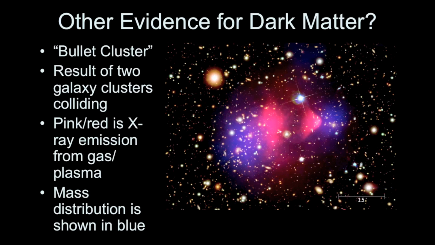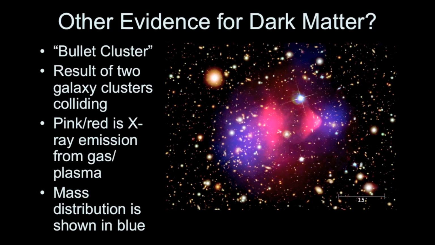And the gas that was inside of the galaxy clusters collided and was compressed and slowed down. And that gas is hot, it's giving off X-rays, and that X-ray emission is shown with the pink and the red color here. But the mass distribution of these galaxy clusters, that is the center of mass, just kept going. And the blue shows the mass distribution of the galaxy clusters themselves.